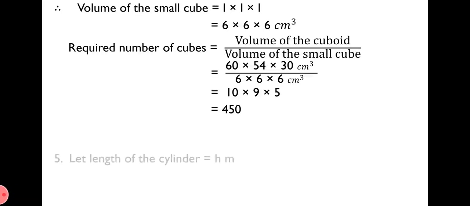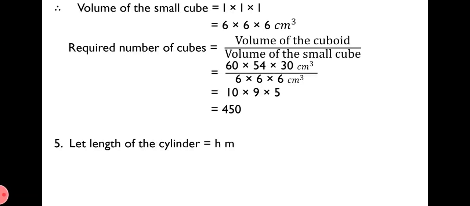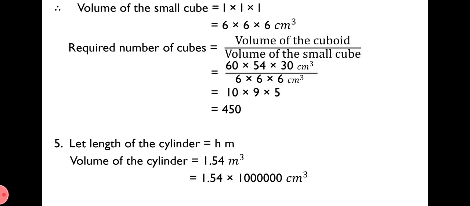So let's solve. Let the length of the cylinder equal h meter. We don't know the length, the height, that is nothing but length only, so we'll suppose it as h. Now the volume of the cylinder is given as 1.54 meter cube, that is equal to 1.54 into 10 lakh cubic centimeter, because we know that 1 meter cube equals 10 lakh centimeter cube.